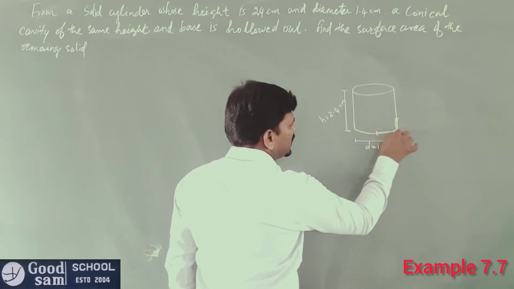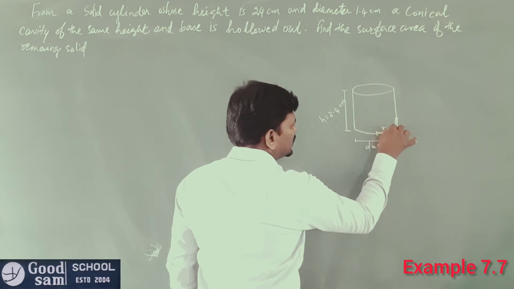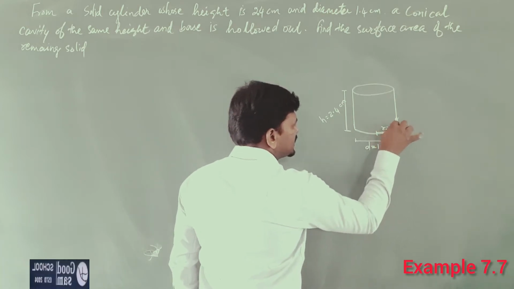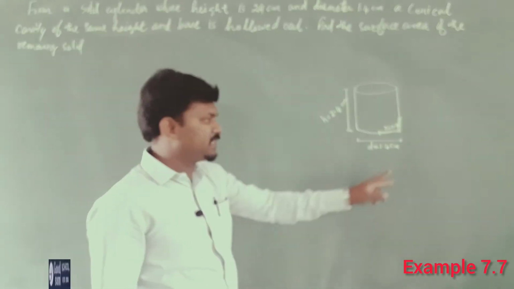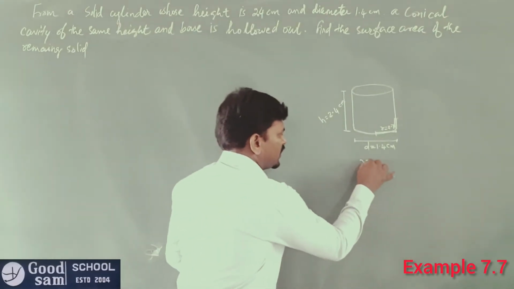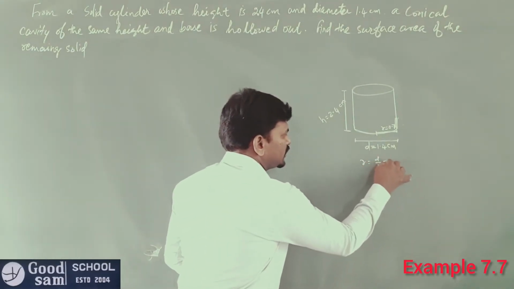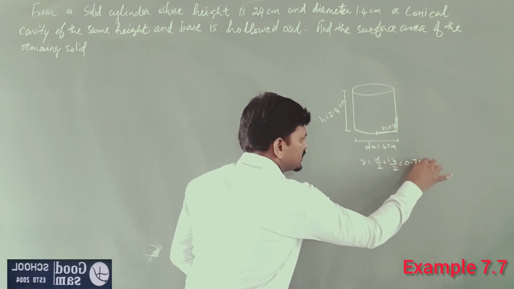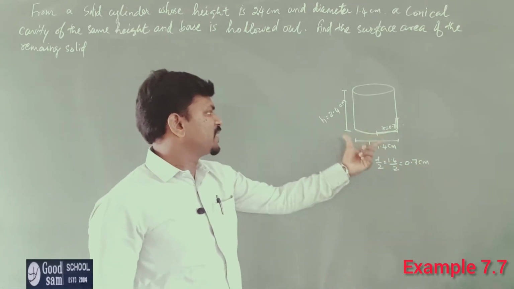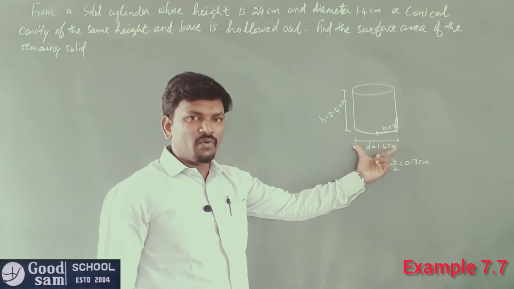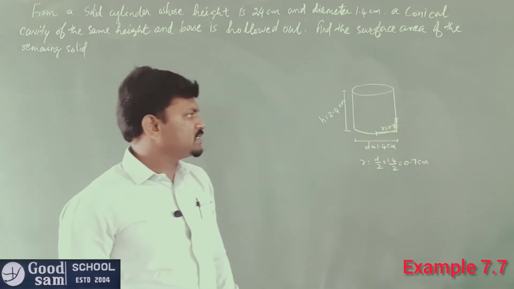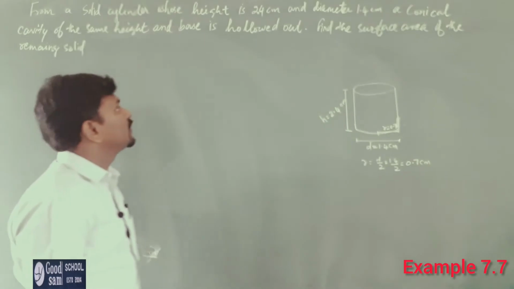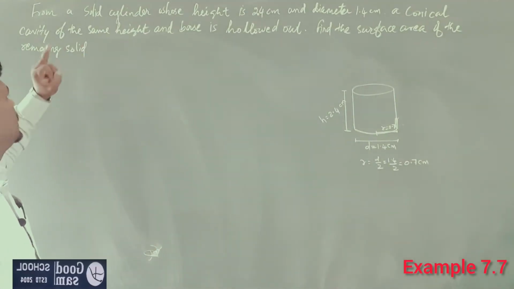Then what about the base radius? r is equal to d by 2, 1.4 by 2 is equal to 0.7 centimeter. So base diameter 1.4, then the base radius is 0.7. Then look at the next sentence.